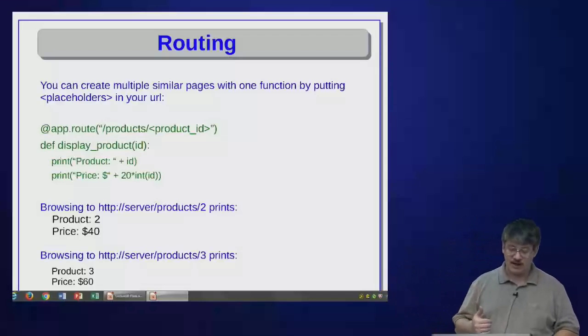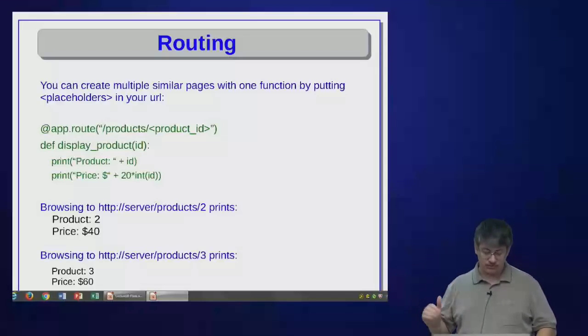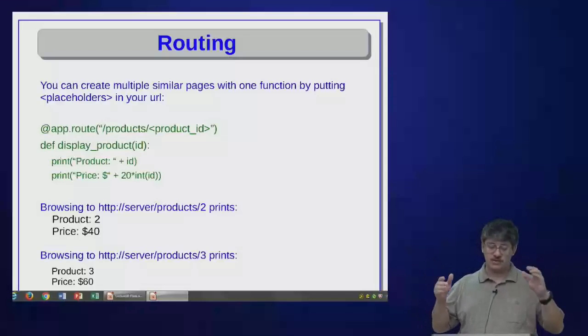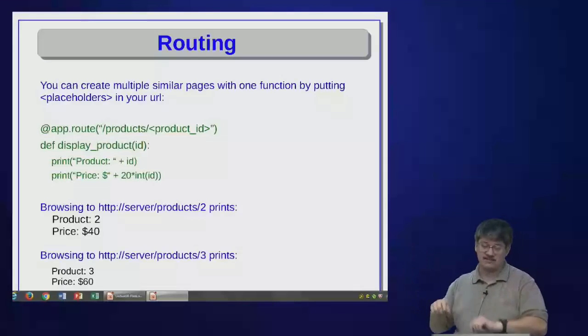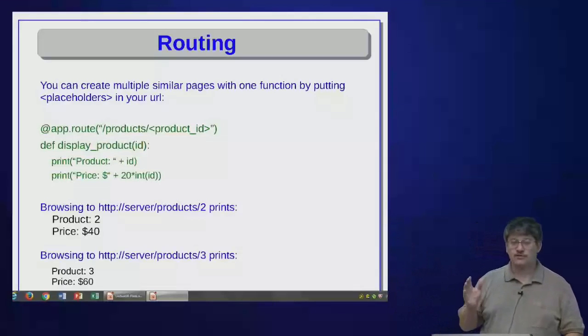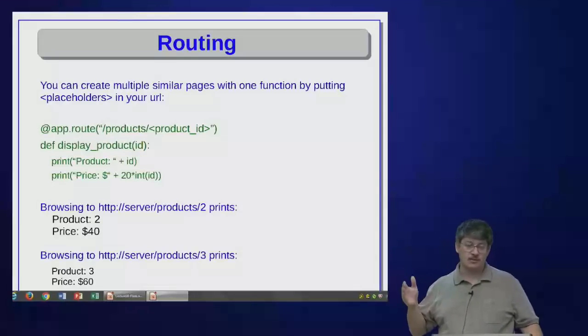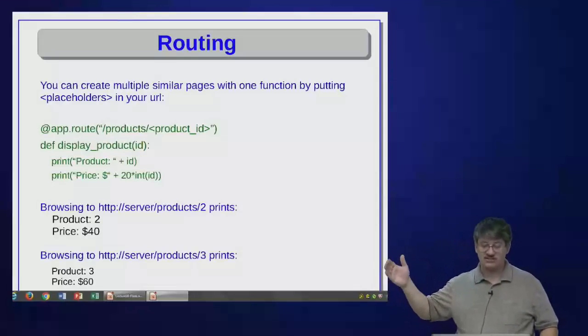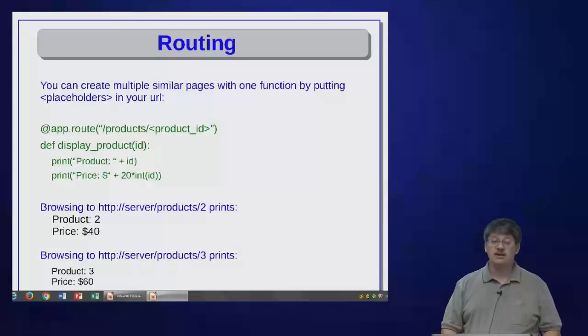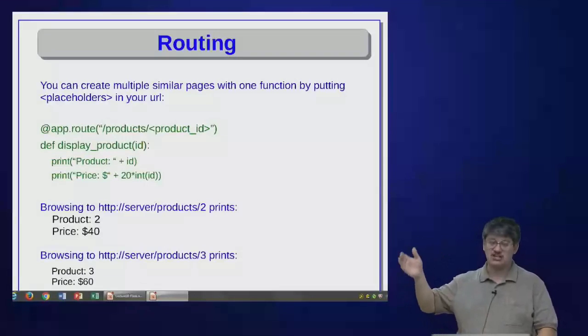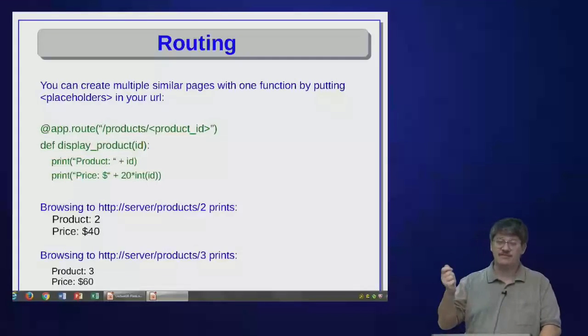So for example, here I have @app.route, and I have, in quotes, /product/ and in angle brackets a product ID. So if the user went to gandalf.cs.longwood.edu/product/3, then what will happen is that Gandalf will remember that 3 is the product ID. But if they go to /product/7, then it'll remember that 7 is the product ID.